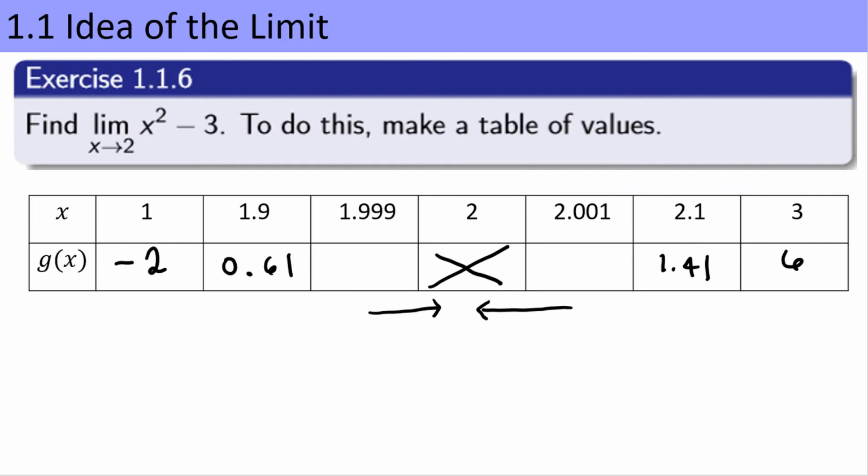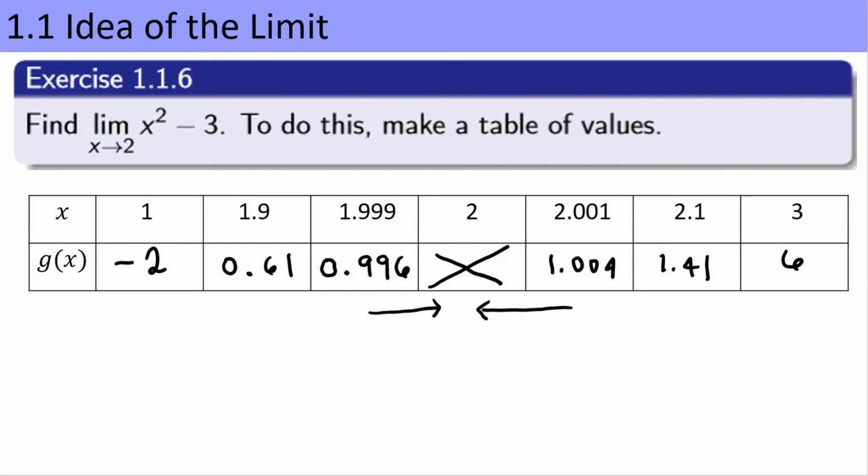Let's keep getting closer to 2. At 1.999, the function output is 0.996, and at 2.001, which is almost 2, we get 1.004.